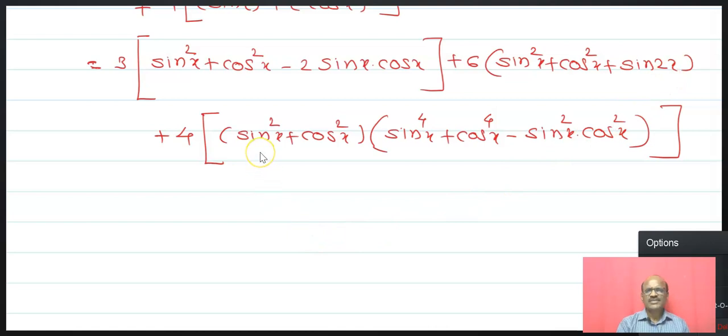And in the third case, a cube plus b cube means what? In the first bracket a plus b, that is sin square x plus cos square x. In the next bracket, sin raised to 4 x plus cos raised to 4 x minus sin square x into cos square x.